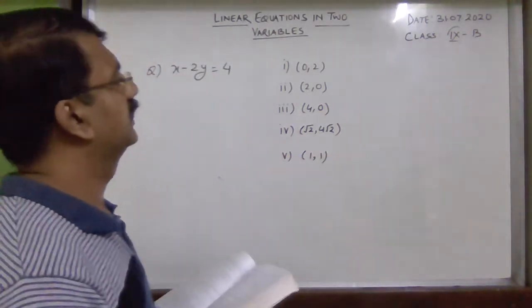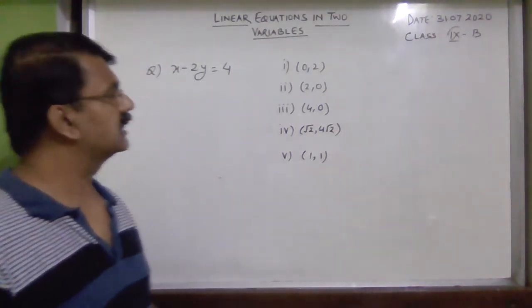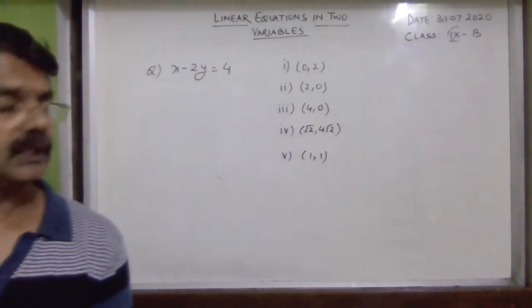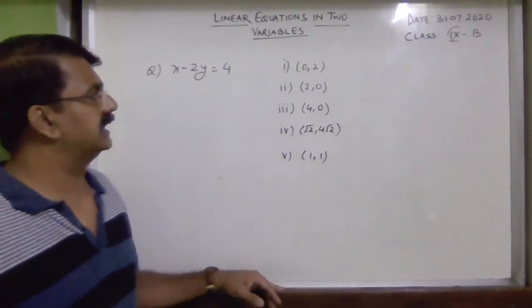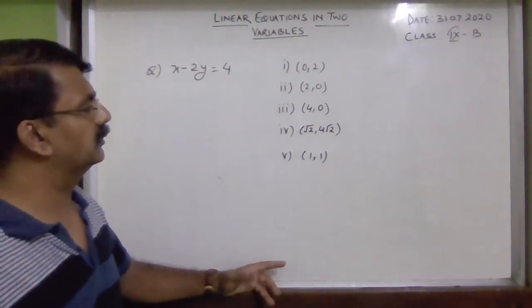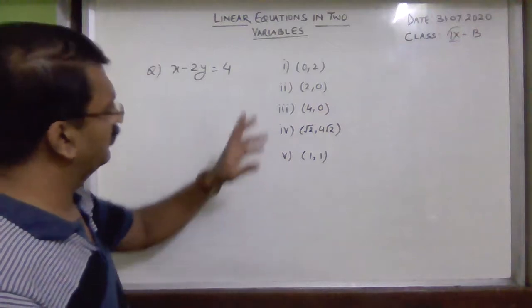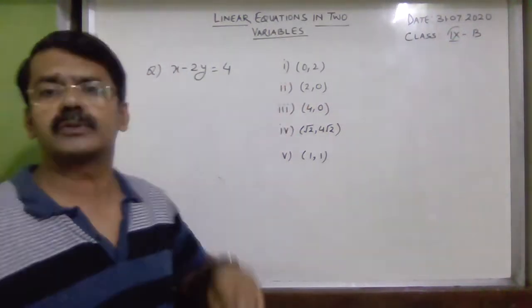There are 5 solutions. Now you have to check and point out which of these ordered pairs are solutions to this equation.